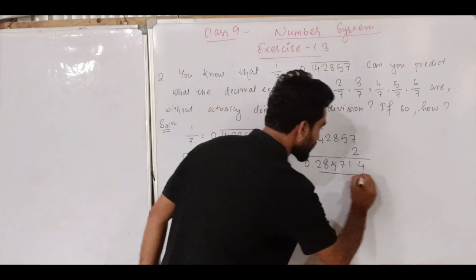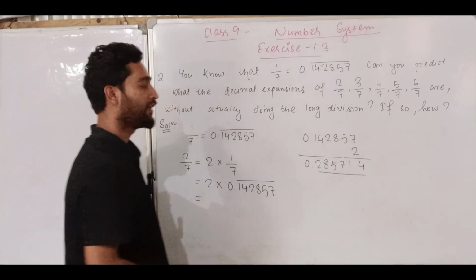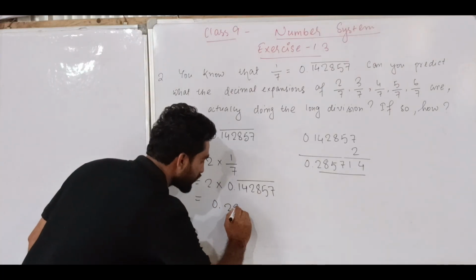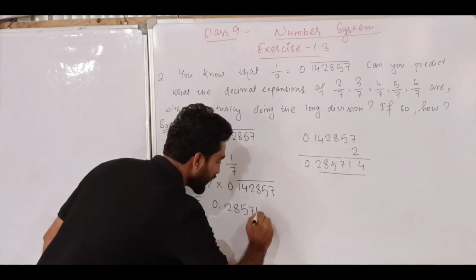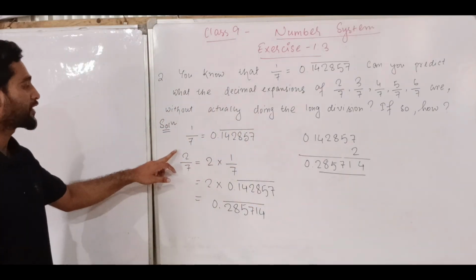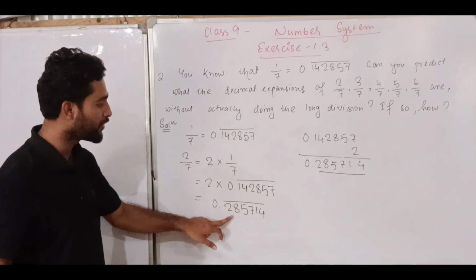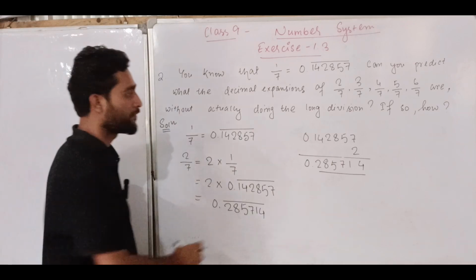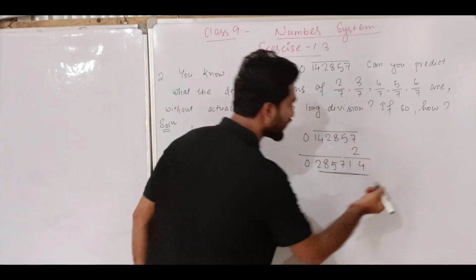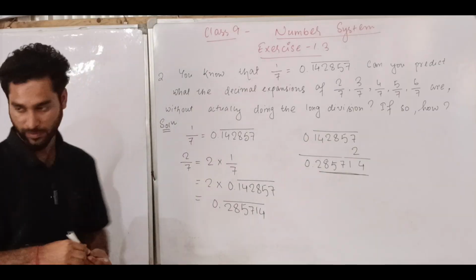That means these sets of digits will be repeating. So what will be the decimal expansion? 0.285714. These digits will be repeating. So the decimal expansion of 2 by 7 will be 0.285714. Since these sets of digits were repeating, obviously these sets of digits will also be repeating.